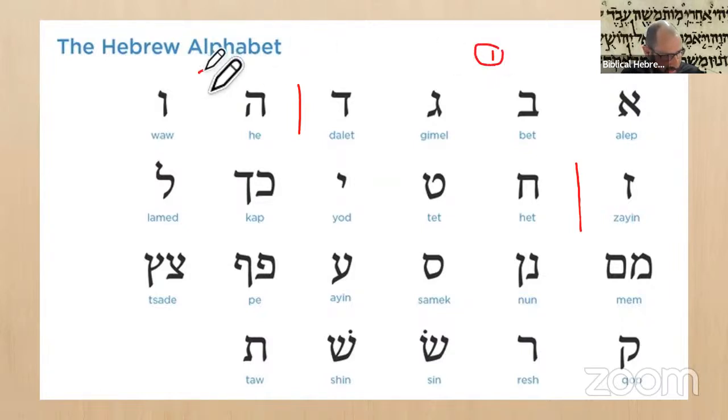Then the second lesson. Then Chet, Tet, Yud is the third lesson. Then Kaf, Lamed, Mem, Nun is lesson number 4.